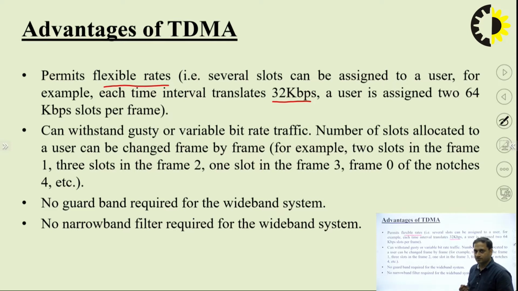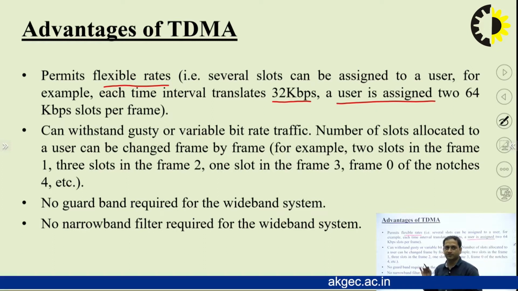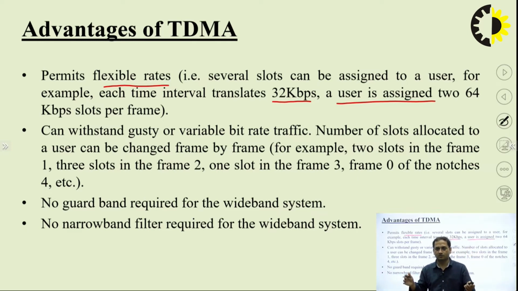In this case, if you want, a user can be assigned 264 kbps slots per frame. When we discuss how these frames are divided into subframes and subframes are divided into slots, and so on, whenever we discuss the LTE system, we will discuss the TDMA system in a broad manner as well.